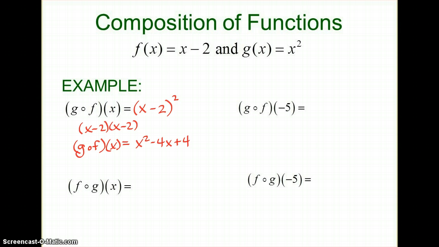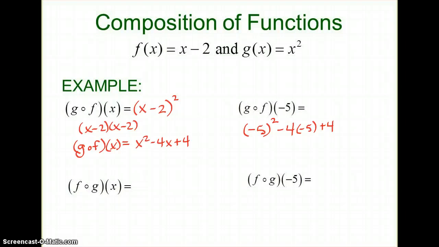Okay, now over here, it wants me to use g composite f to evaluate the value of -5. So I simply need to take -5 and substitute that into my function. So this is going to be -5 squared minus 4 times -5 plus 4. And you can either do this by hand or you can calculate this with the calculator.